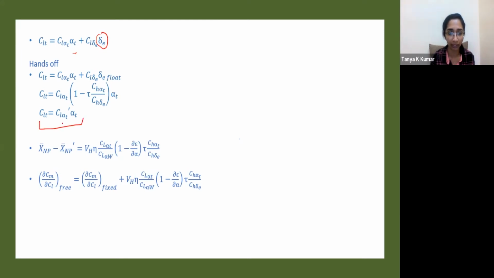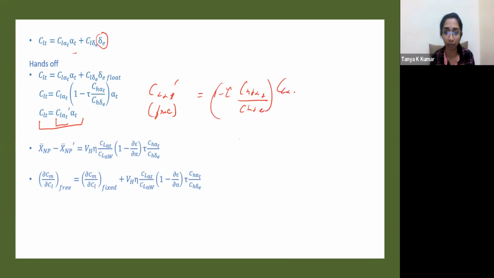CL tail is CL alpha tail into alpha tail. Now the CL alpha tail prime for a stick free case is (1 minus tau CH delta alpha tail over CH delta E) into your original CL alpha tail.